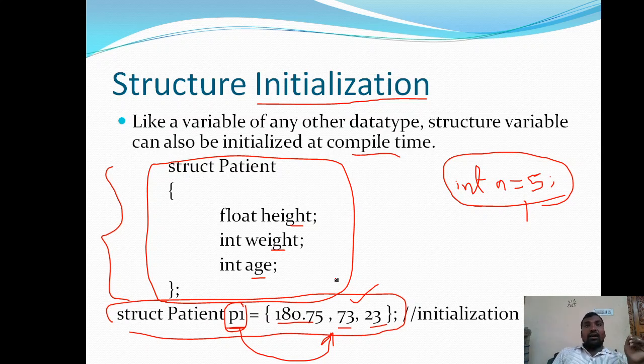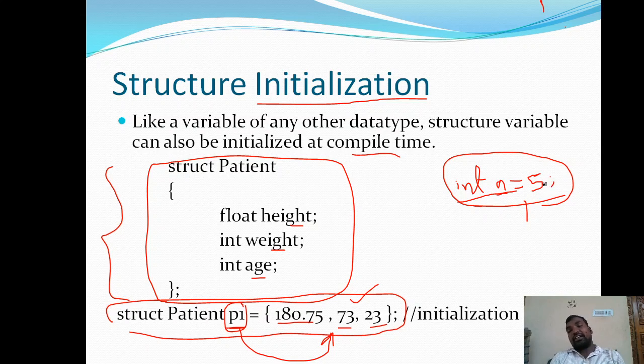So we can initialize the structure variable at the time of creation, at the time of declaration. As for example, a is a variable of integer type. Here I am declaring the variable with int a, and at the time of declaration, I am initializing this variable a with some value 5.